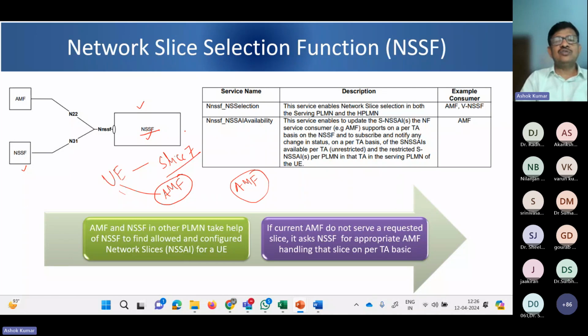In that case also, the network slice selection function will inform this AMF that this particular slice is being handled by another AMF, and it will give the details of that AMF. So if the current AMF does not serve a requested slice, it asks NSSF for the appropriate AMF handling that slice on a per TA basis.